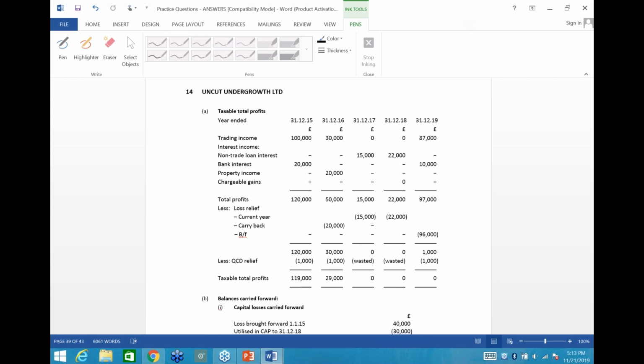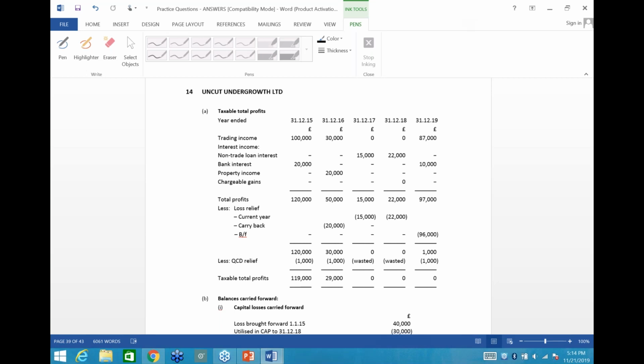A company has a chargeable accounting period, but that chargeable accounting period can never exceed 12 months. When you're calculating corp tax for a company, you must remember a chargeable accounting period cannot exceed 12 months.